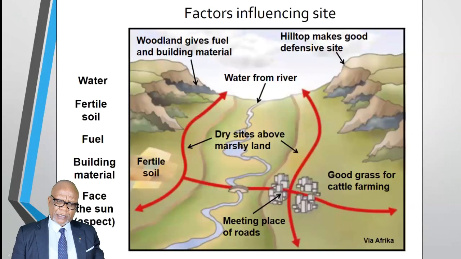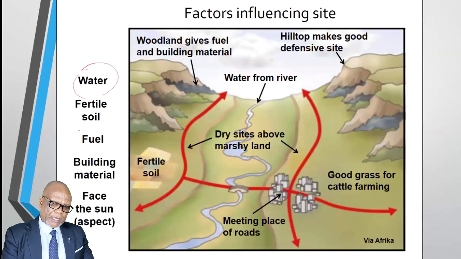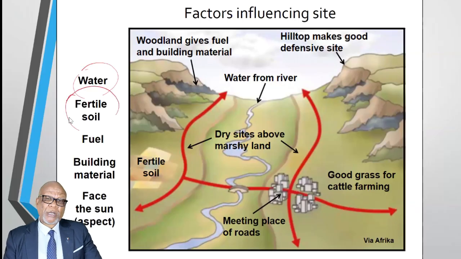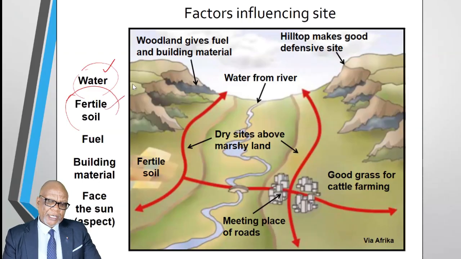Now let's look at the factors that influence a settlement. Number one, factors that influence the site: water. People will settle closer to where water is. Remember, we're talking about rural settlements here, so water is going to be good for farming. People are also going to need fertile soil.